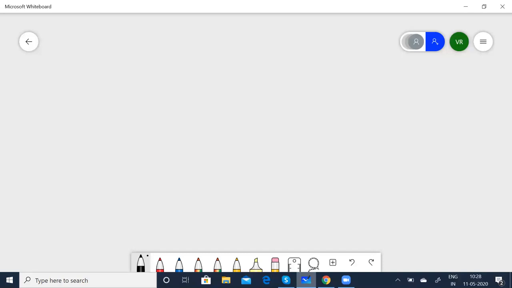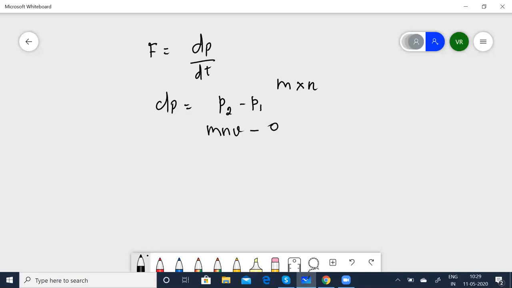The total mass of bullets fired in 1 second is going to be m times n. Now, what is going to be the change in momentum? dP is equal to P2 minus P1, where P2 is the final momentum and P1 is the initial momentum. So this is going to be mnv minus 0, because the initial momentum is 0 and the final momentum is mnv.